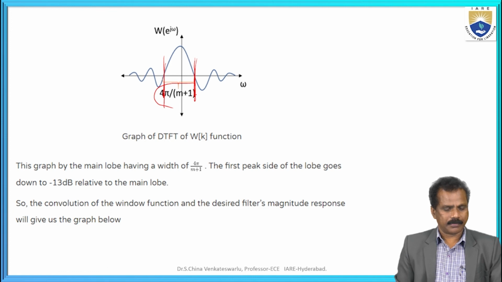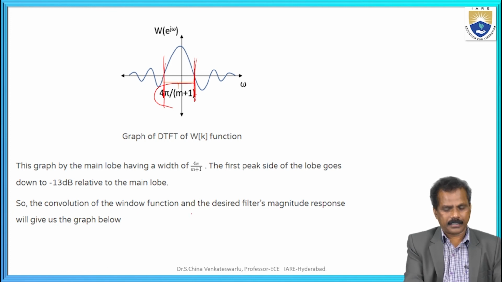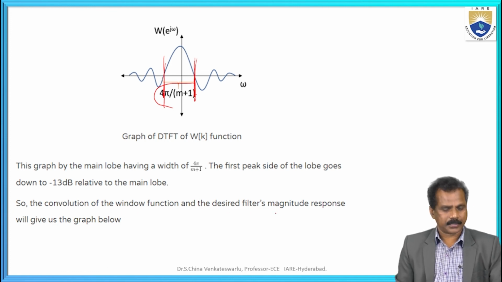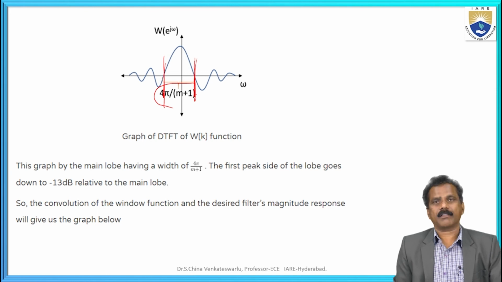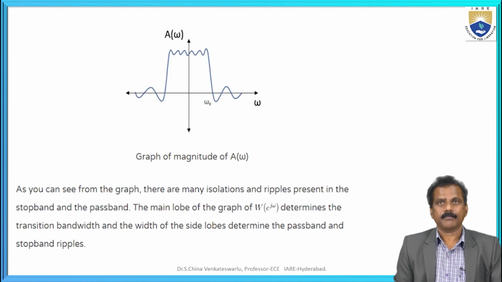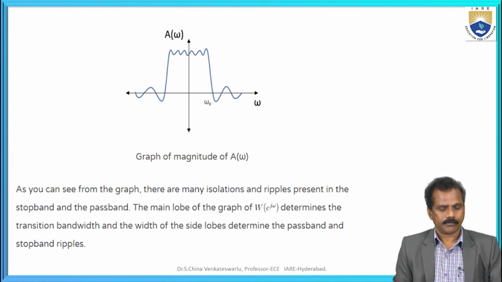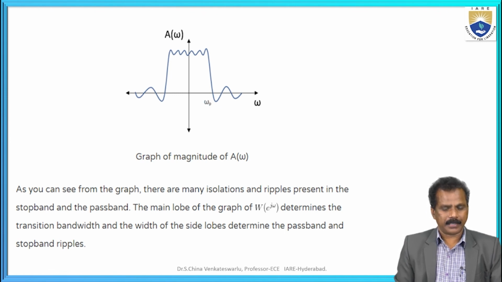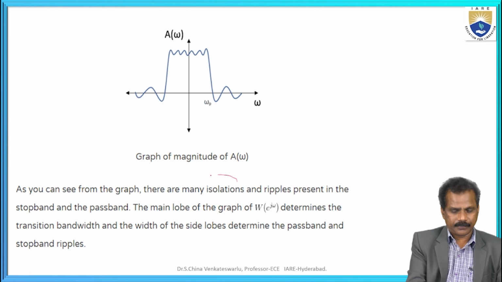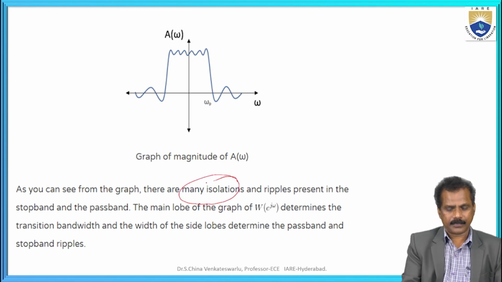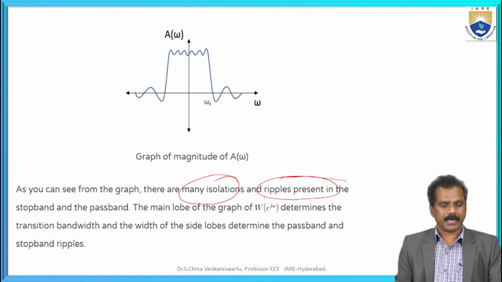The convolution of the window function and the desired filter magnitude response gives us the graph shown here. As you see from the graph, there are many oscillations and ripples in the stop band and the pass band.